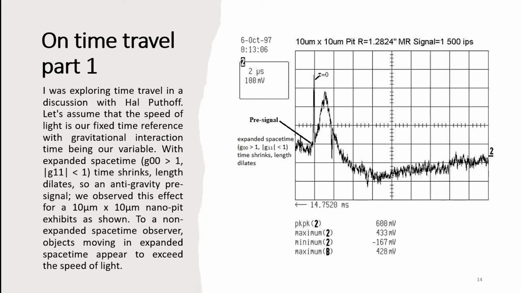We observed this effect from our 10 micron square nanopit as shown. To a non-expanded space-time observer, objects moving in expanded space-time appear to exceed the speed of light. This is an example of offset spatial divergence.